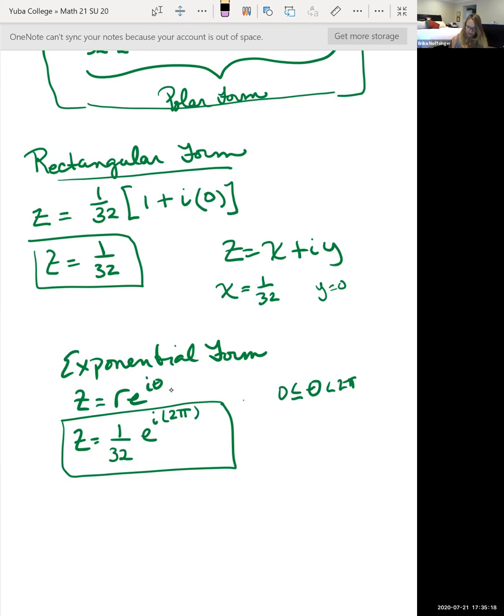So this is the same thing as 1 over 32 e to the i times 0, which, notice if we reduce it, would give us our rectangular form 1 over 32, because this would really be e to the 0 power, which is 1. 1 times 1 over 32 is 1 over 32.